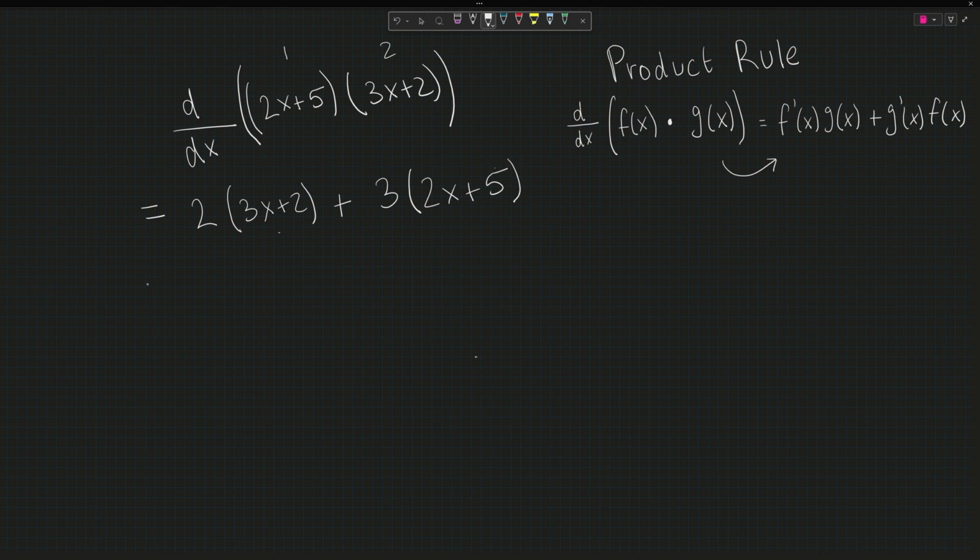Okay. Now all I have to do is simplify it. So when I simplify it, I get 6x plus 4 plus 6x plus 15, and then I add them together, 12x plus 19. And that's how you solve one of these.